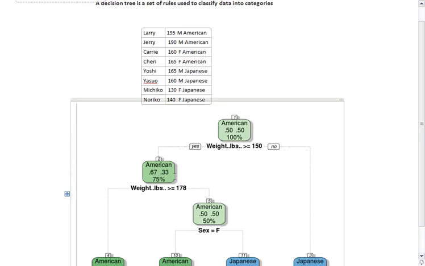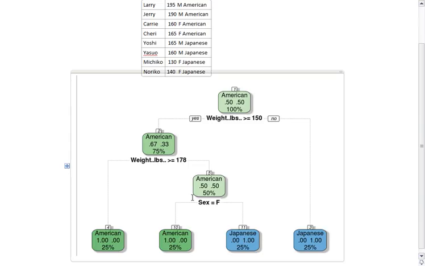Now again the decision tree will ask whether the weight is greater than 178. Again on the right hand side it is no, and on the left hand side it is yes. If it is yes, then American is 50% and 50% will be Japanese based on the data. Then after this split it will ask whether the sex is equal to false. Yes, then American is 25% in this bucket, and if no, then Japanese will be 25% here.